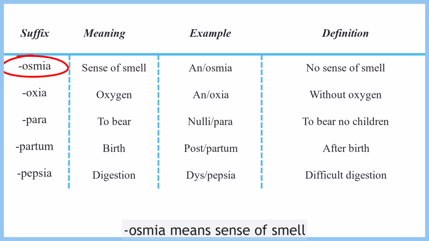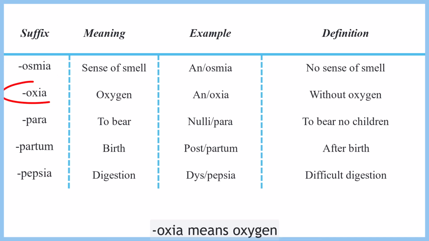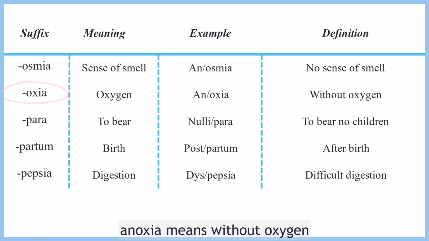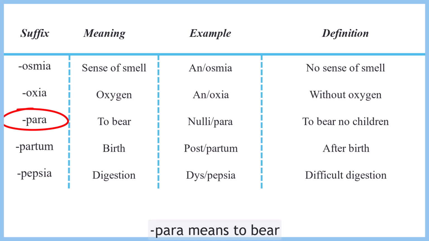Osmia means sense of smell. Anosmia means no sense of smell. Oxia means oxygen. Anoxia means without oxygen. Para means to bear. Nullipara means to bear no children.